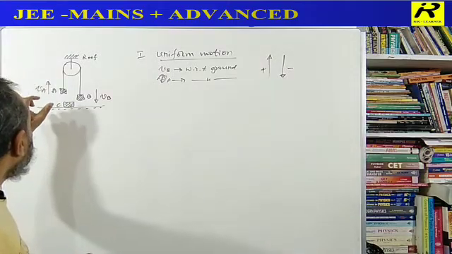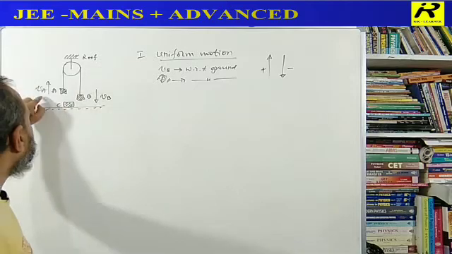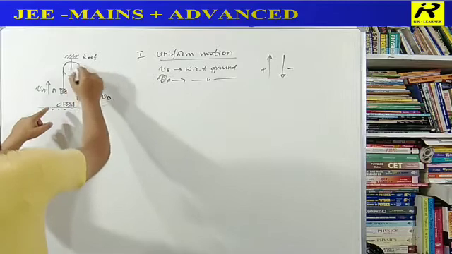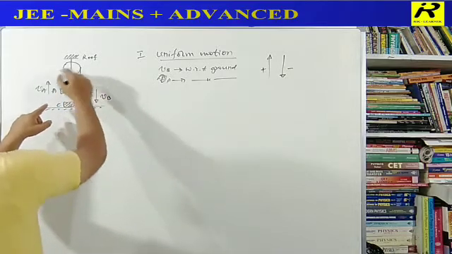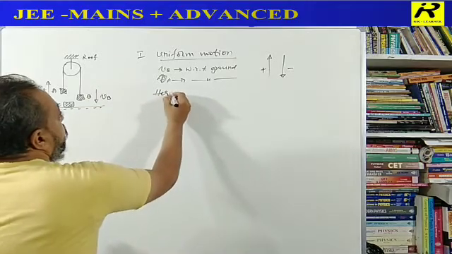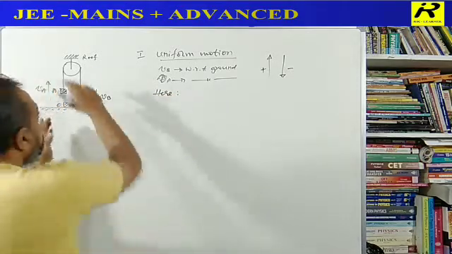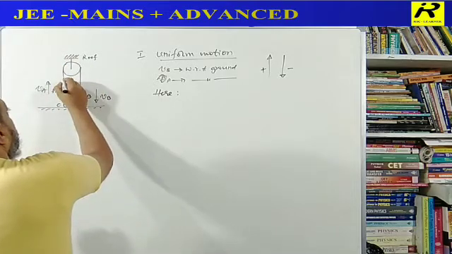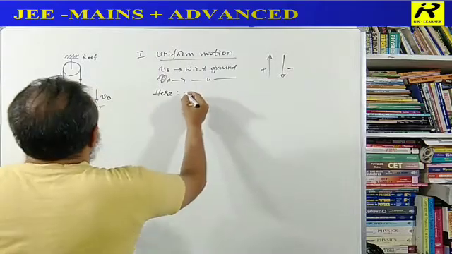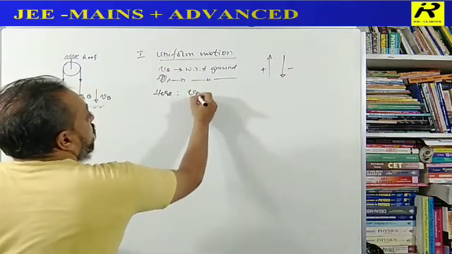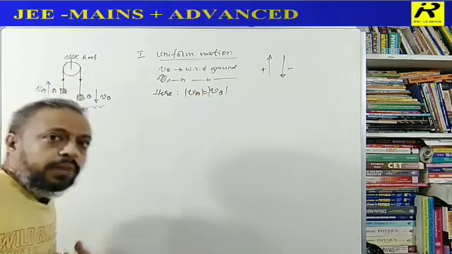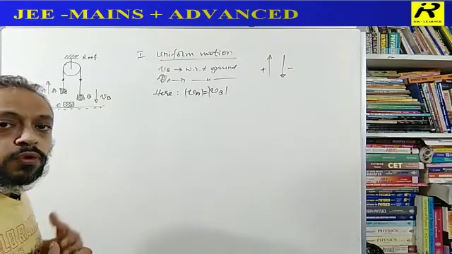If A is moving up with velocity Va and B is moving down with velocity Vb, since this is a fixed system, both of them have the same speeds. When it rises, the other will come down. So the magnitude of Va is equal to the magnitude of Vb.